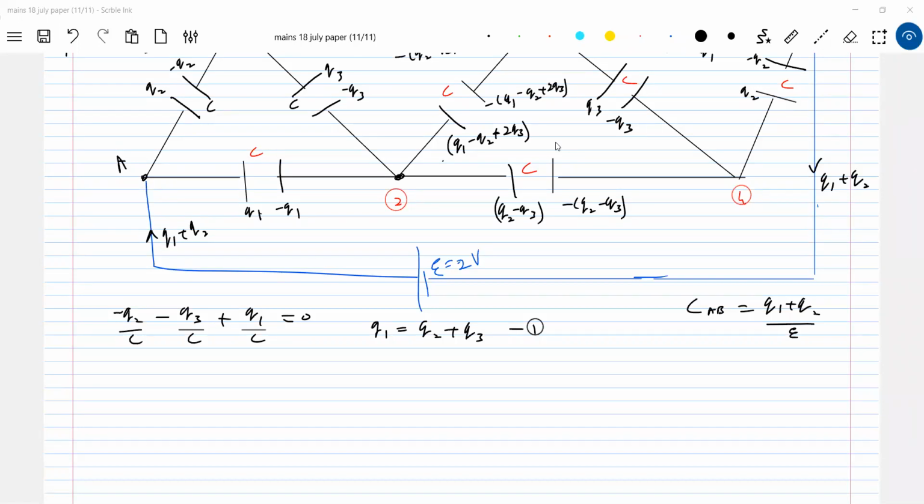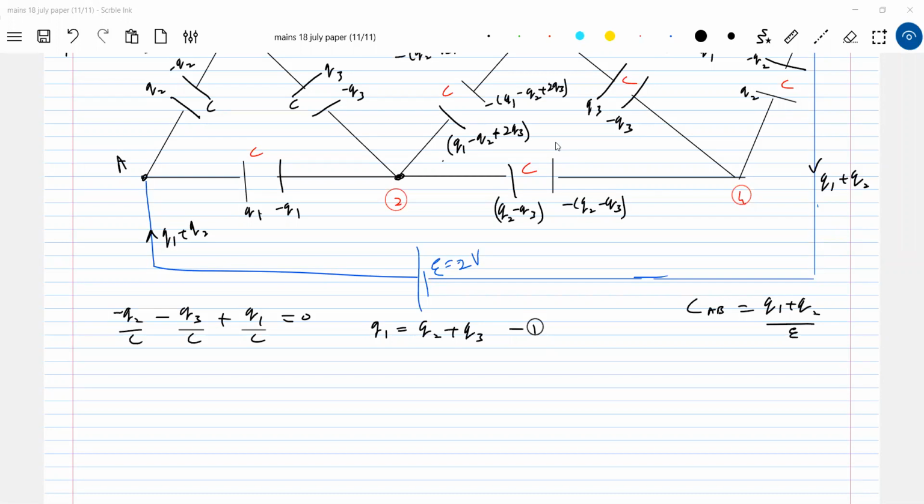Eleven C. Oh, sorry, 11 by 15C. Q1 plus Q2 should be 11 by 15 E. Check your answers.